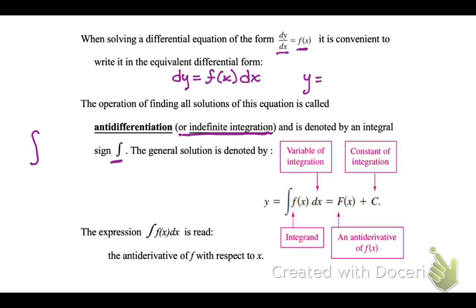So what we do is we rewrite this as y equals the integral of f of x dx. Now they have names for things. The f is the integrand, and the dx is just telling you what variable you are integrating.